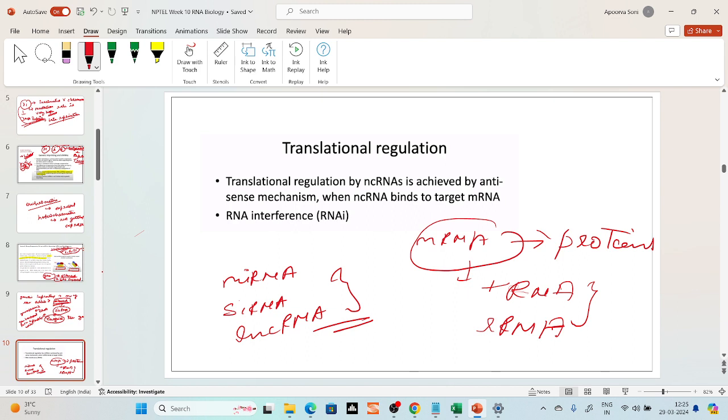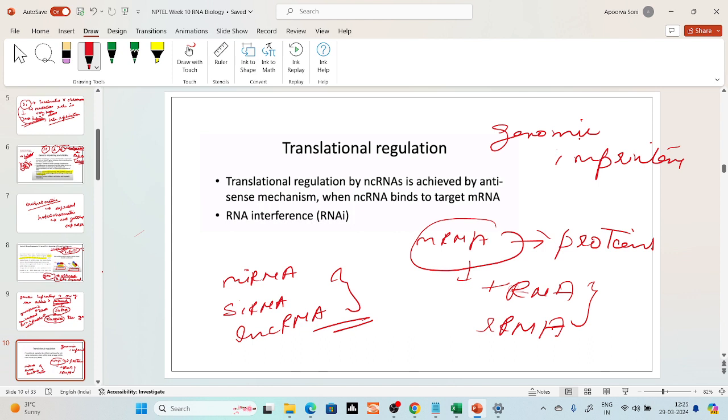One of the other works achieved by non-coding RNA is genomic imprinting, which we are studying today. In the last class, we studied that one of the works done by these non-coding RNAs is X chromosome inactivation, or in a broader sense, dosage compensation.